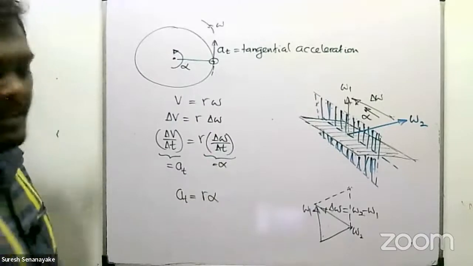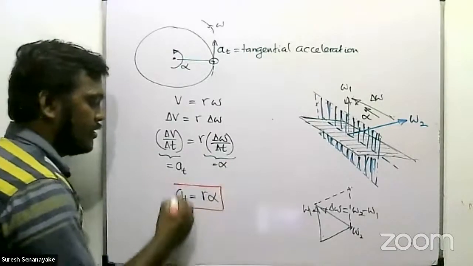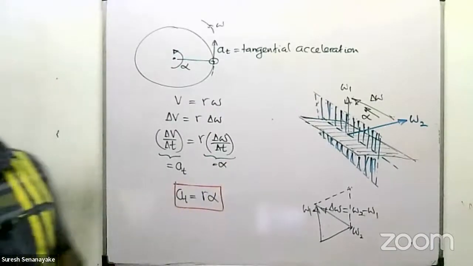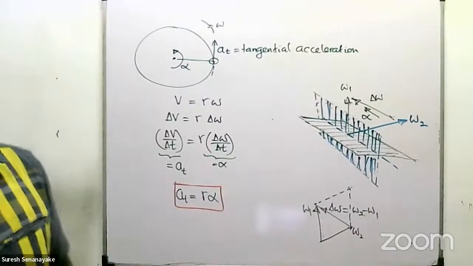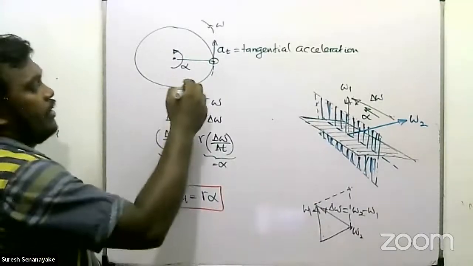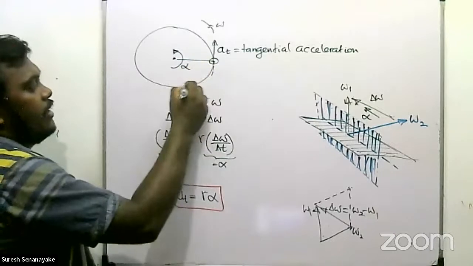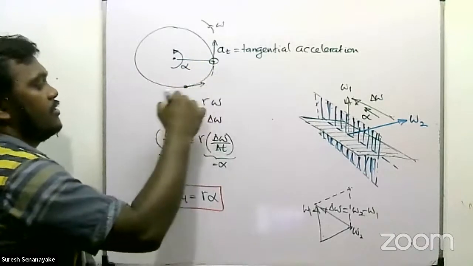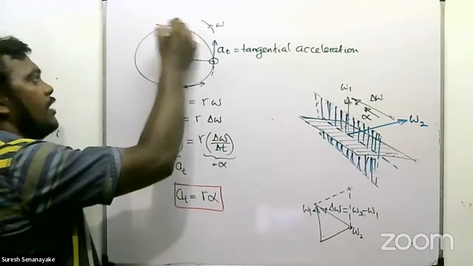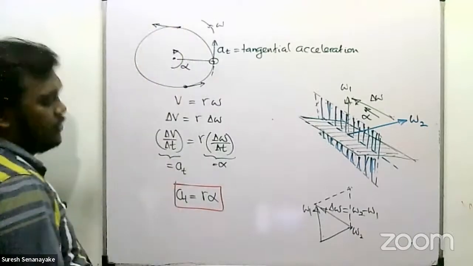Keep in mind that this acceleration goes along the tangent. At the moment, consider that this direction is not a constant. Here the tangential acceleration is this way, and here the tangential acceleration is this direction, right?